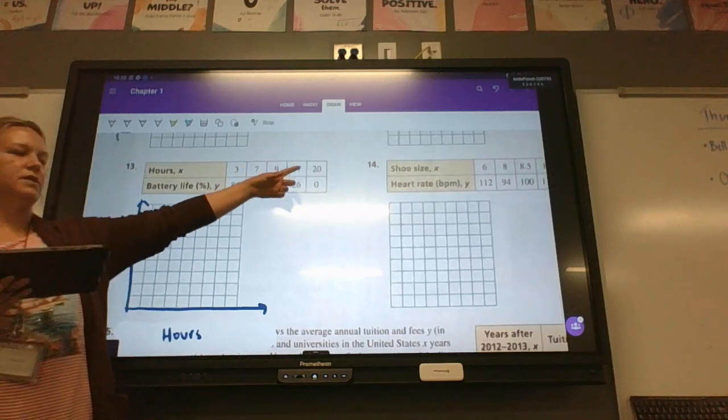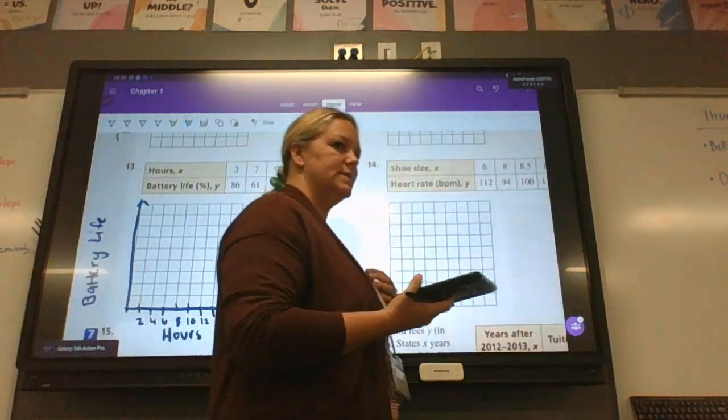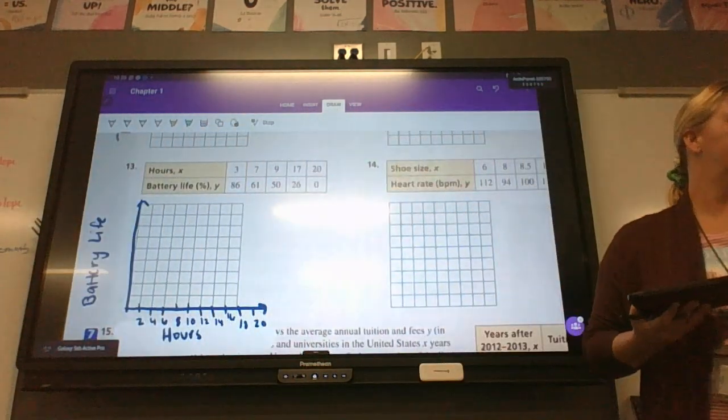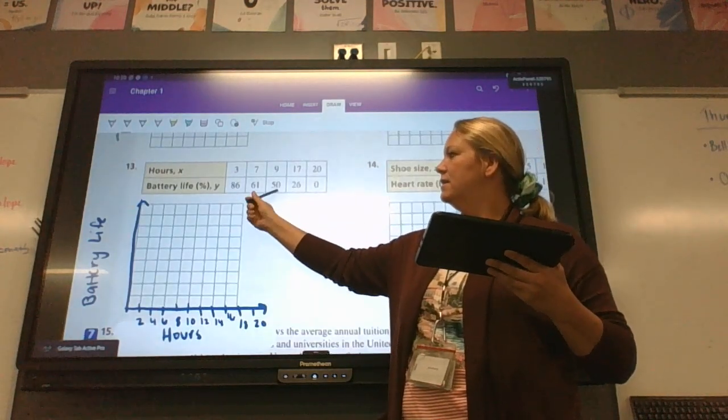Looks like for hours we need to go all the way to 20. So I'm going to go by 2s. If you've already set it up and you didn't go by 2s, that's okay. We can pick different intervals. It's fine. Doesn't matter. And I'm 1 short, so I extended it to 20. And then going up and down, I got to go all the way to 90.